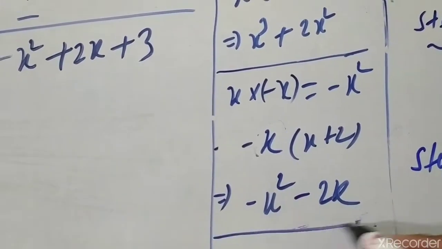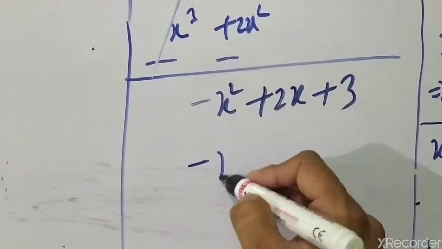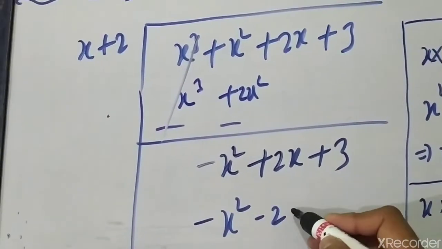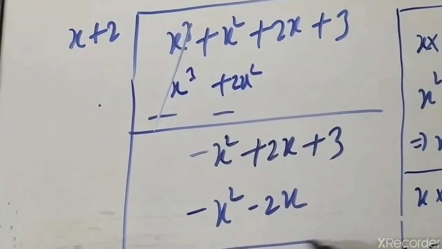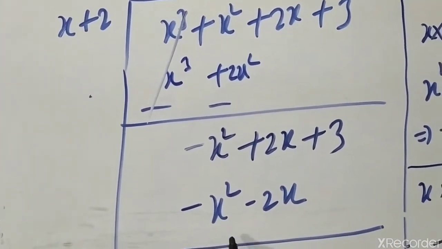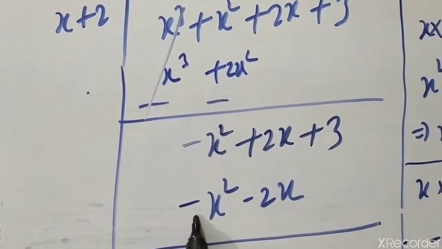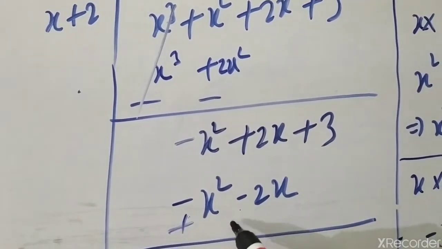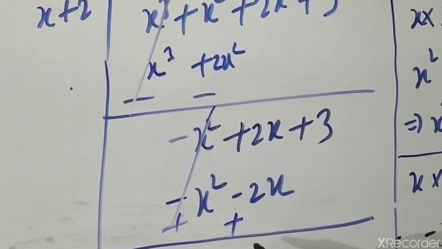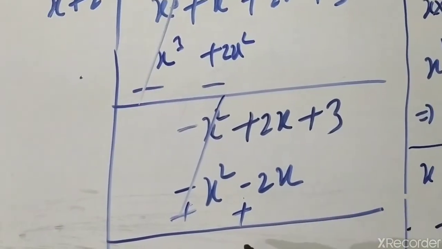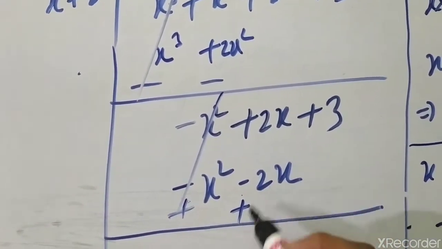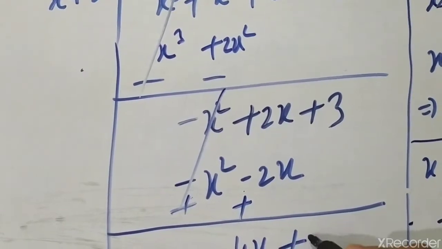So we write here minus x square minus 2x. Then we subtract. When we subtract we change the signs: this minus becomes plus, this minus becomes plus, so this is cancelled. Now plus 2x plus 2x, because it becomes positive, so 4x plus 3.